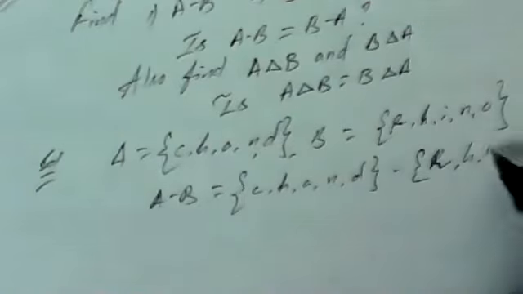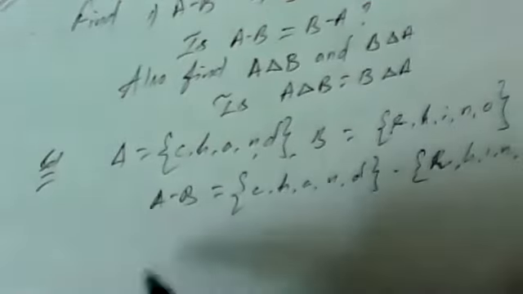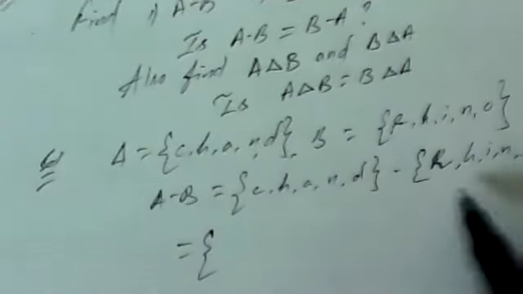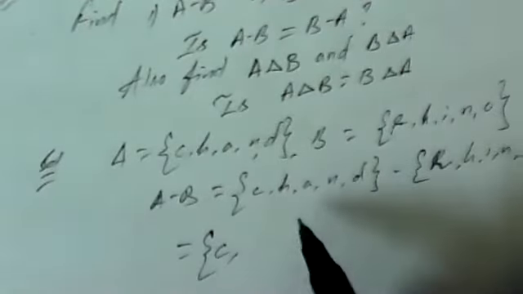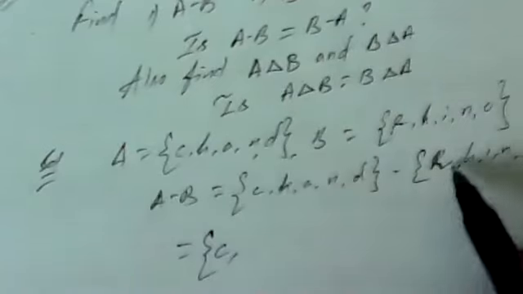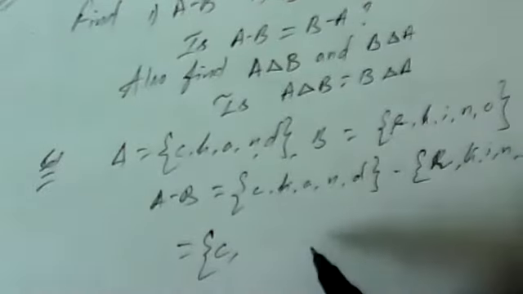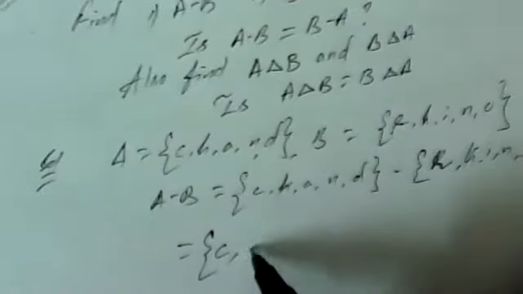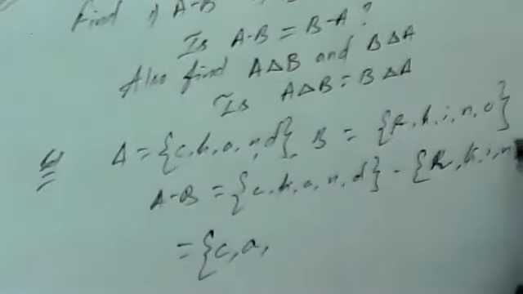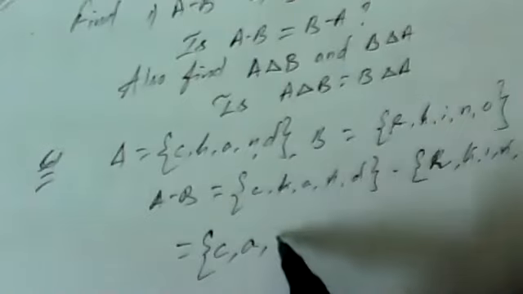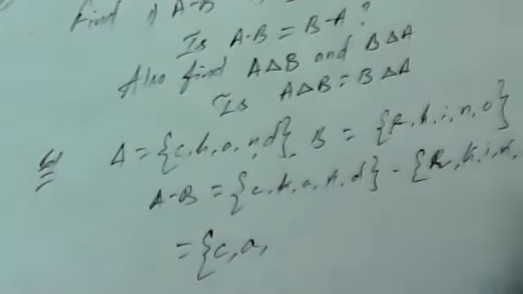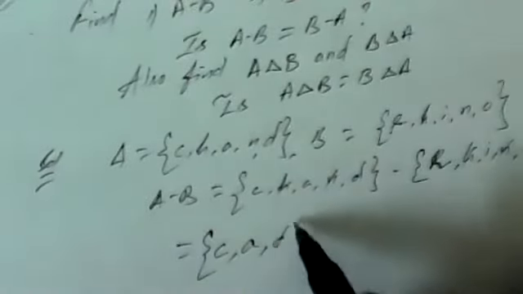C is there, not there in B, so we write C. H is here in both, we should not write. A is not there, we write A. N is here, we should not write. D is not there.